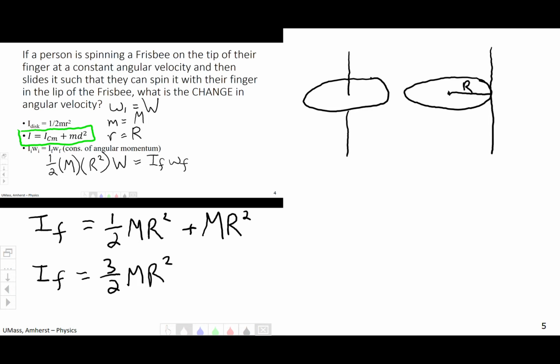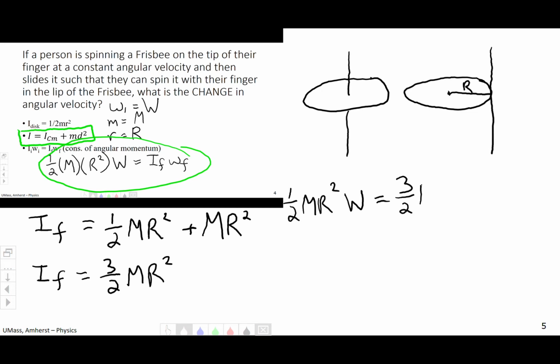So if we look back up here, we have 1/2 mR squared times capital W equals 3/2 mR squared omega final.